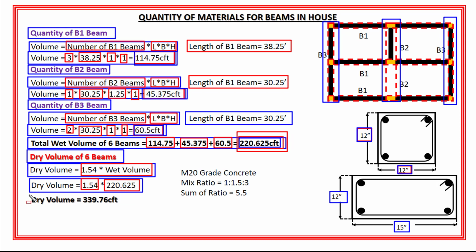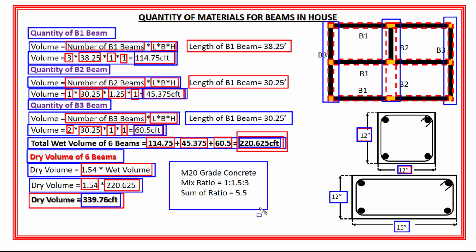And the total dry volume of 6 beams will become 339.76 cubic feet. So the total dry volume of these 6 beams is 339.76 cubic feet, right?